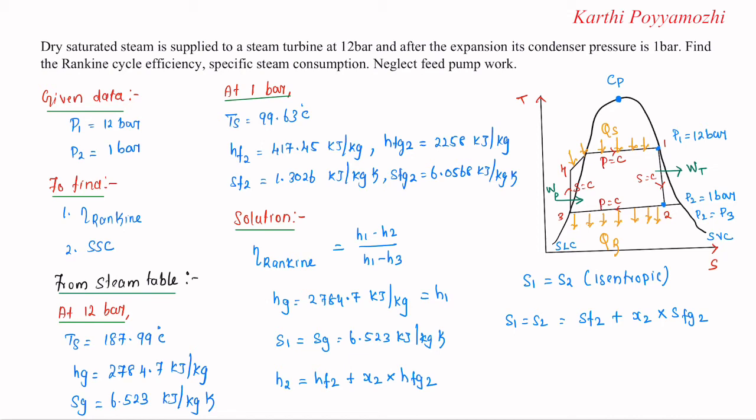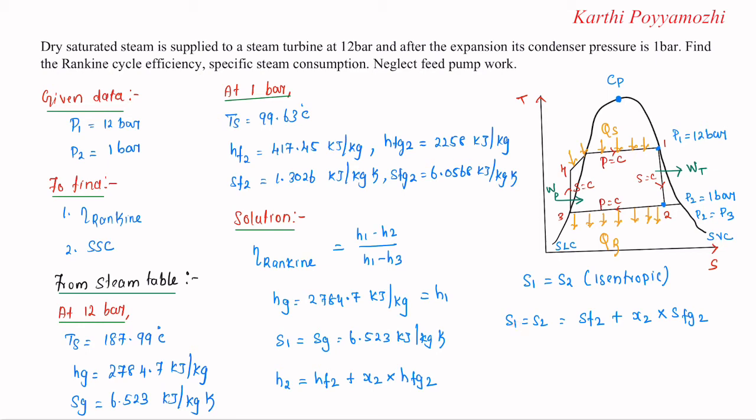From this, we have the value of SF2, that is at 1 bar, we have calculated the value of SF2 and SFG of 2, that is both the entropy of the fluid and the entropy of vaporization at state 2 is being taken from the steam table, and we have this both the value and the value of S1.